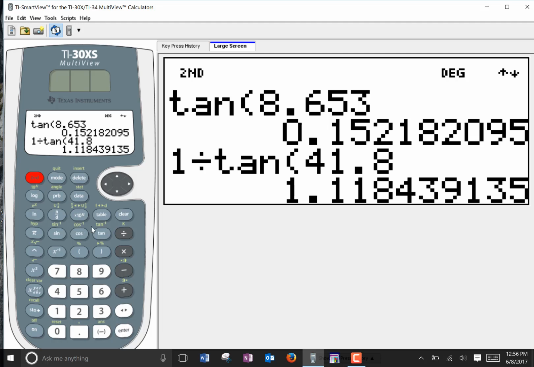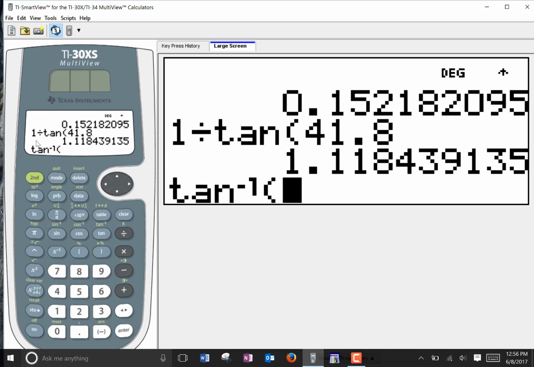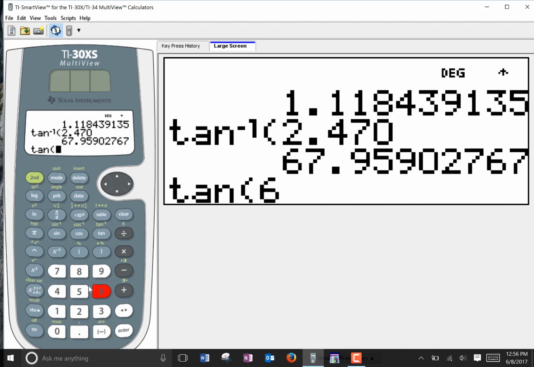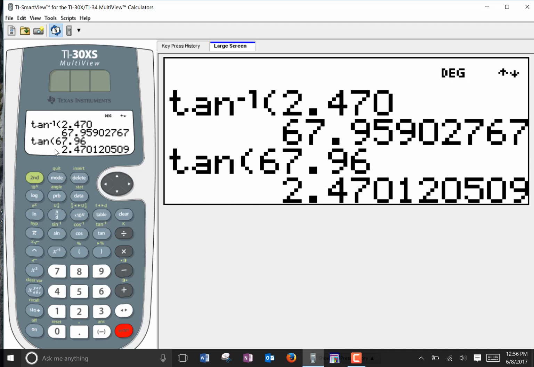So I hit inverse tangent, 2.470, and I hit enter, and it tells me that the angle is 67.96 if I round. So if I hit tangent of 67.96, I should get somewhere around 2.470, and there we go, 2.470 if I round.